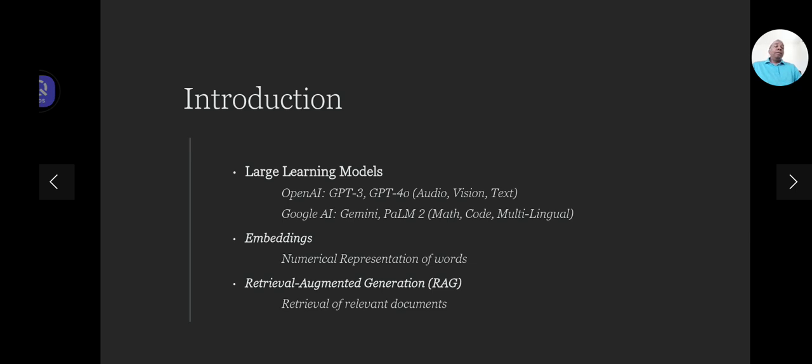Now, embedding is a concept where you represent a word using some number, and those numbers represent the context of the word. If you say hello, how are you, hello and how are used in greetings and they normally come next to each other, right? Similarly, it's the context of these words.